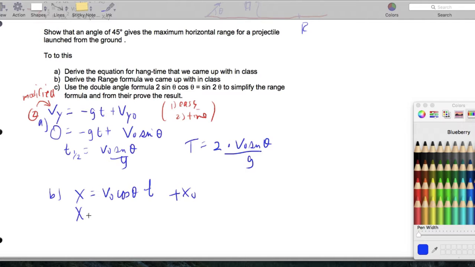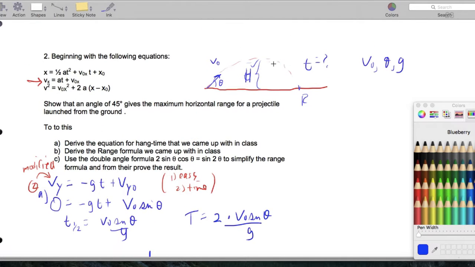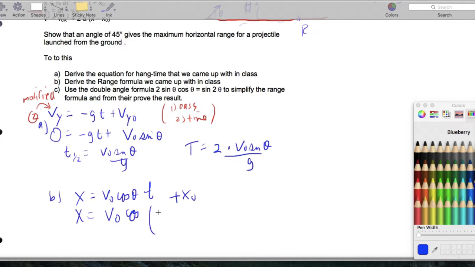So we have x is v naught cosine. Now the total time that we're traveling for in this horizontal direction is the entire hang time from there to there. So I'm going to use my hang time formula, 2 v naught sine theta over g.